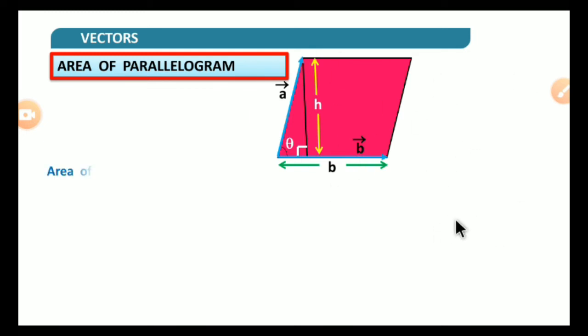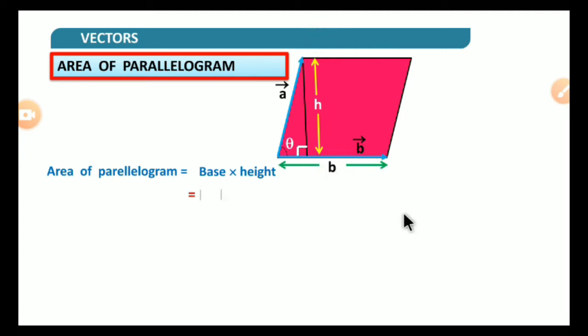Now we have to find the area of the parallelogram by using the cross product of two vectors. Therefore, the area of a parallelogram is always equal to base into height. Here the base is B, the magnitude of vector B. So base into height means the base is B and the height is h.